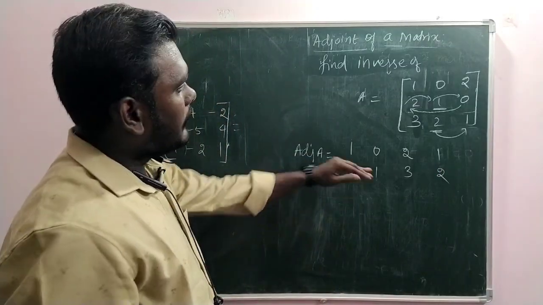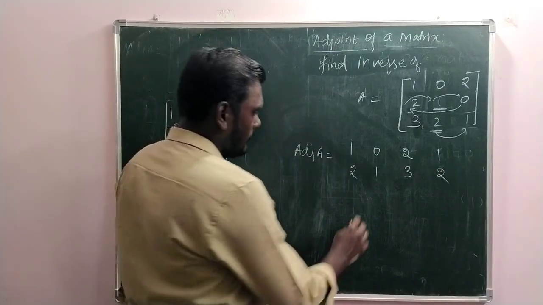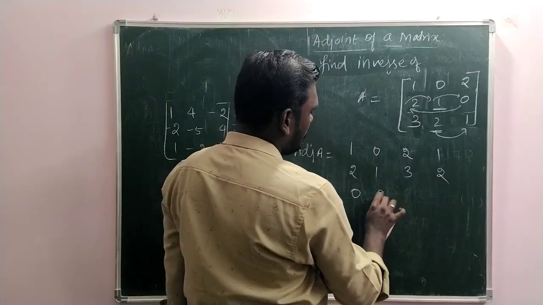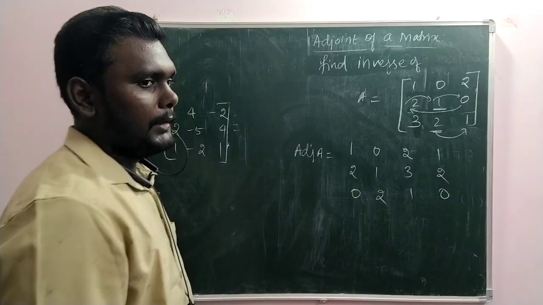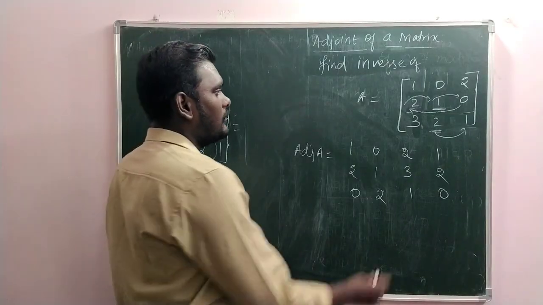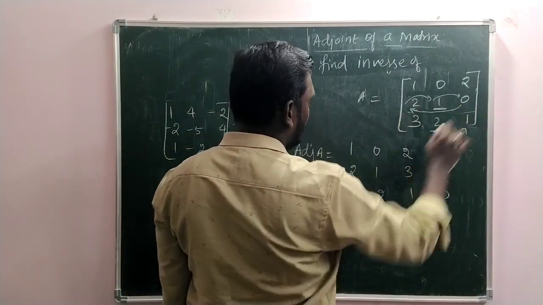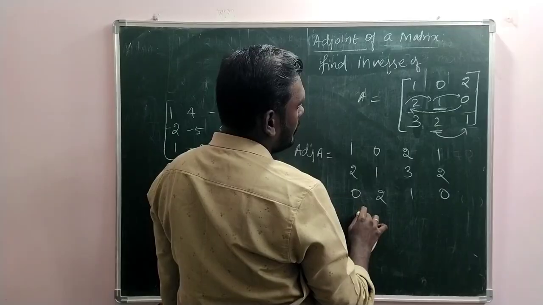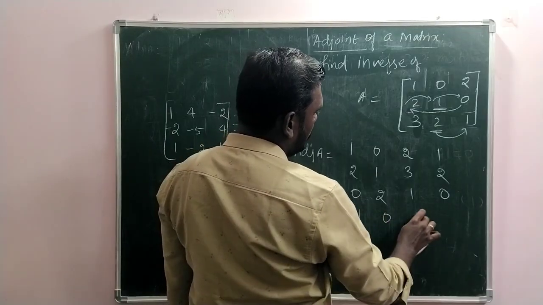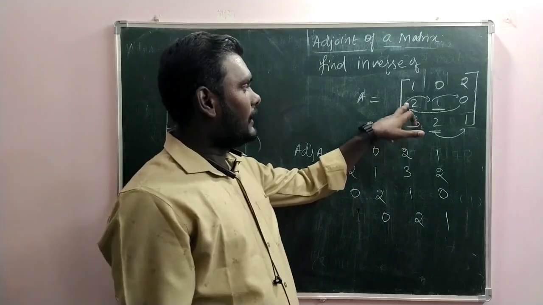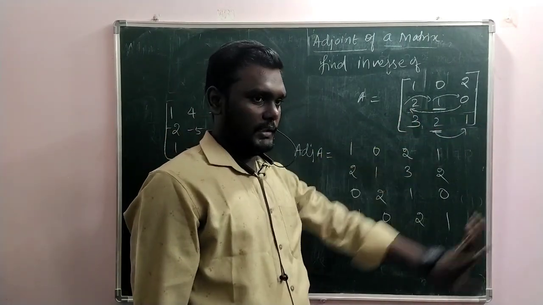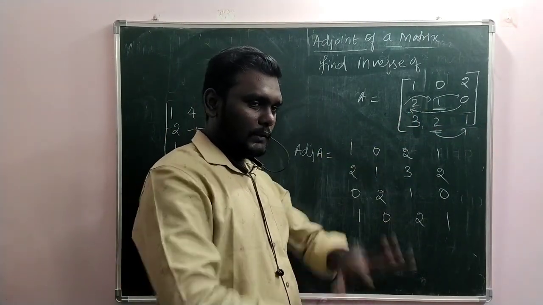The same for the first row also: 0, 2, 1, 0. Now again you should finish with the middle row, so that is 1, 0, 2, 1. Middle row we started, again middle row we are finishing. That is one complete cycle.